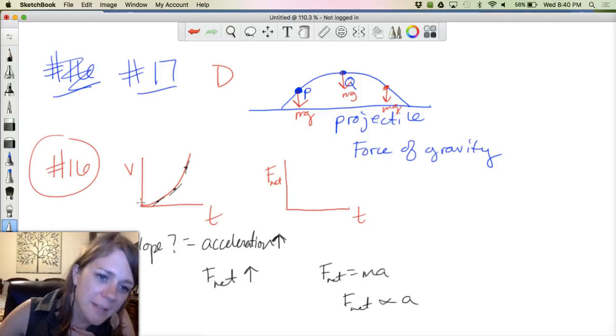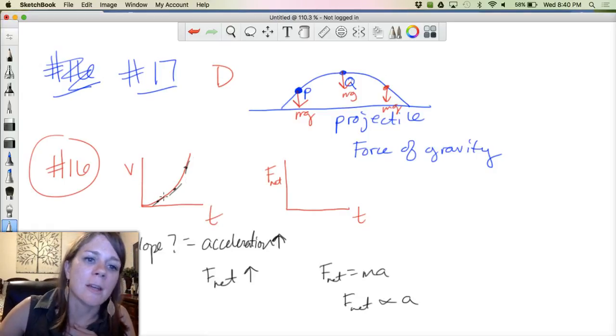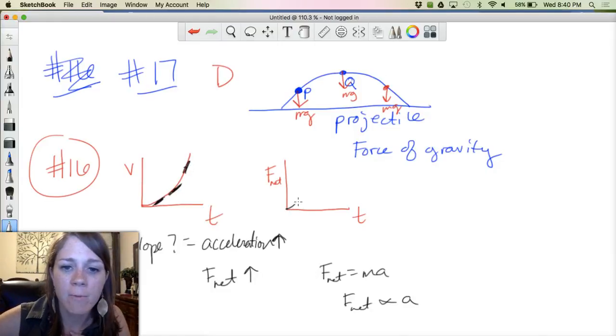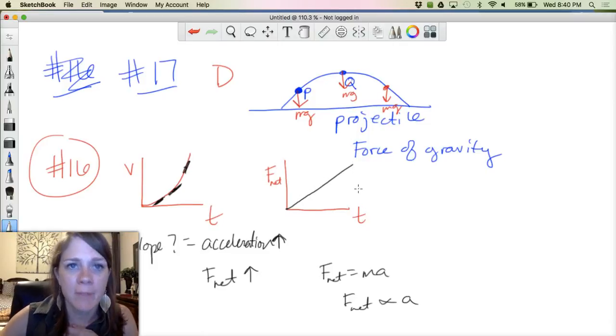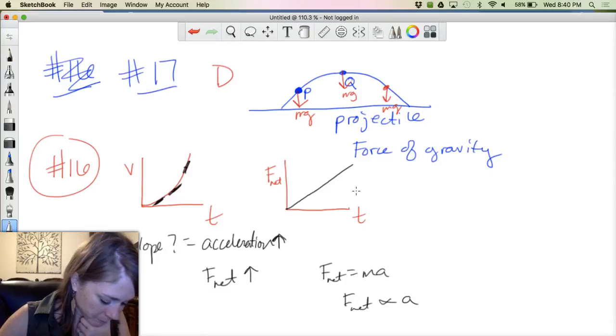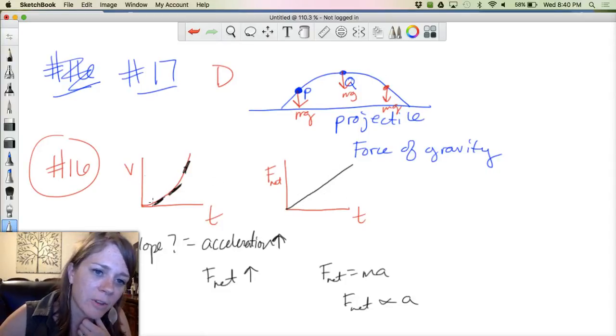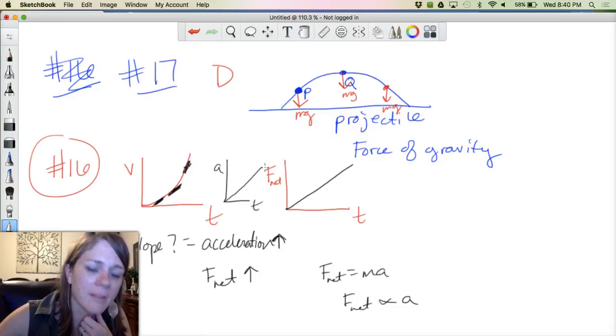Now, velocity is increasing exponentially, but the rate at which this acceleration is changing is a constant rate. So the net force graph should actually be a nice linear graph that looks like that. We know it wouldn't be a curved one because the velocity is curved, and if I take the tangents of these and draw an acceleration time graph, that graph would look like that right there.